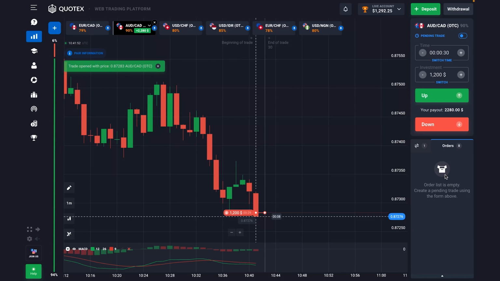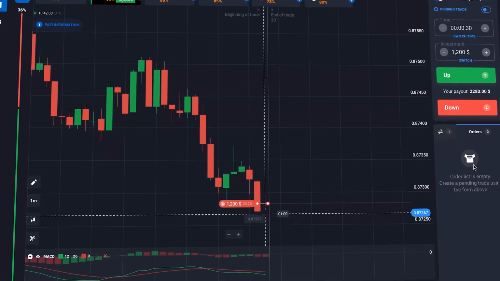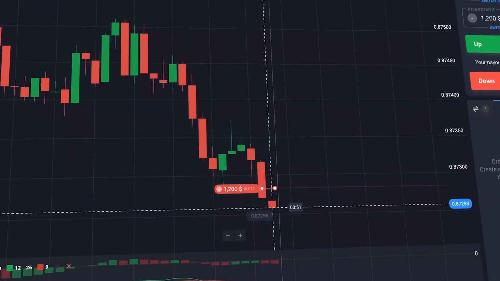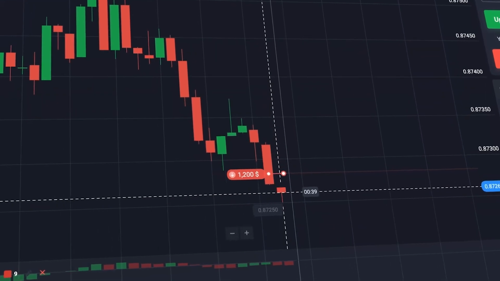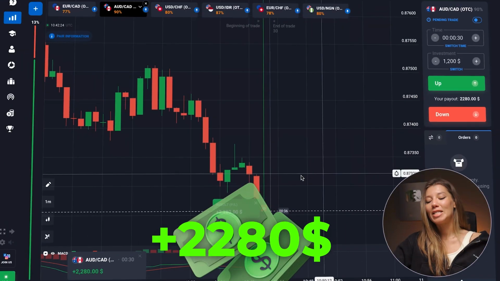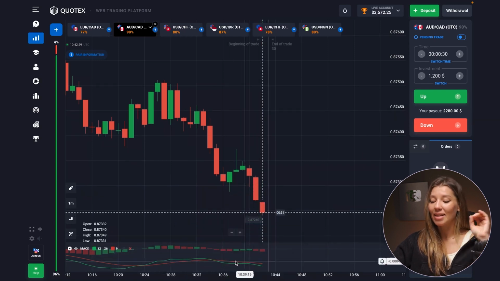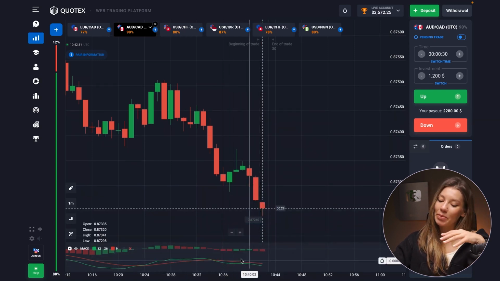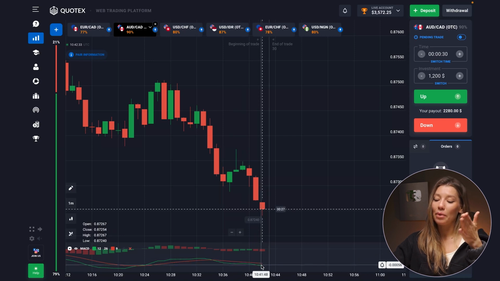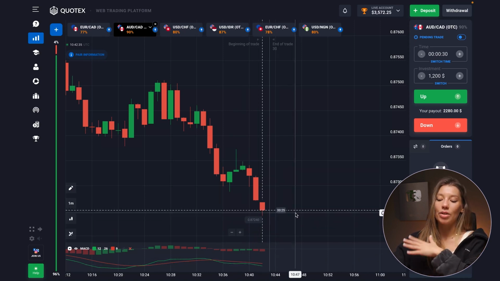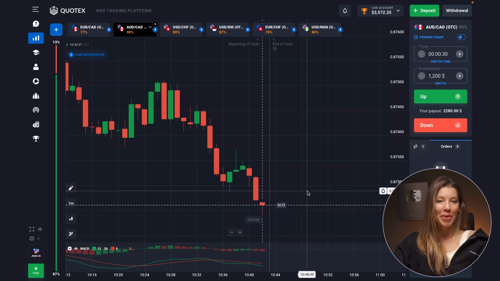Let's go. So it's perfect, amazing. It went up pretty well, and the green line was a little bit higher, and both lines are going downstairs. Okay, so that was a perfect moment.